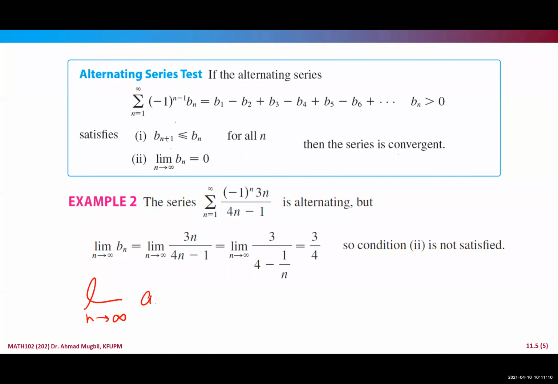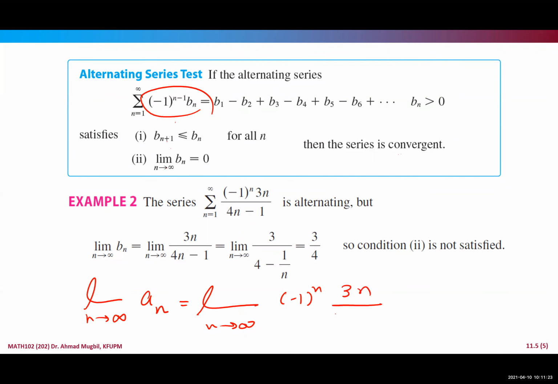The divergence test, which is the limit when n goes to infinity of the whole term. Here we have (-1)^n times 3n over 4n minus 1. The whole term equals what, ya shabab? We said that this is 3 over 4, so it will be positive or negative 3 over 4, which does not exist because it is not unique.